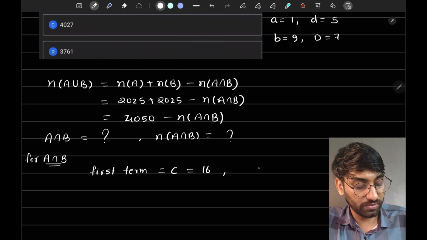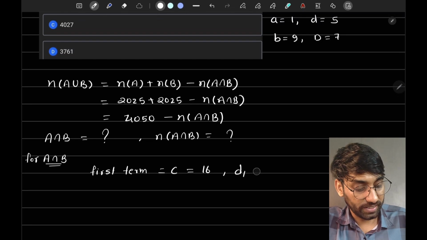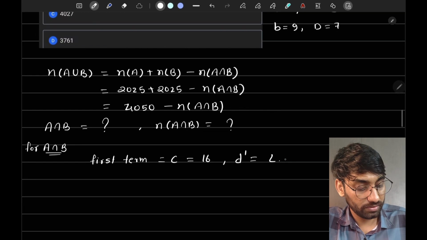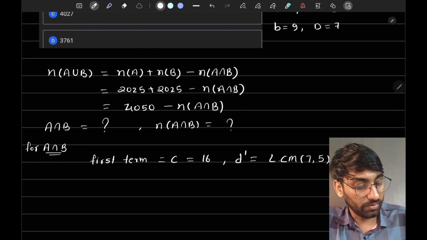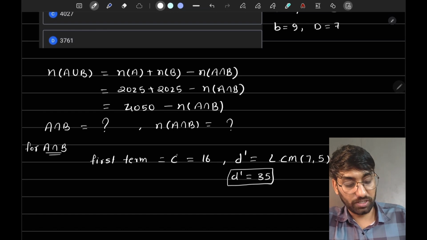The common difference, let's call it D dash, will be the LCM of 7 and 5, which is 35. So D dash is 35. Now I have the common difference and the first term.